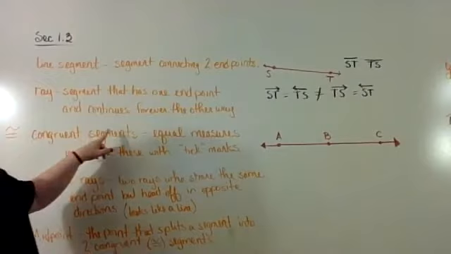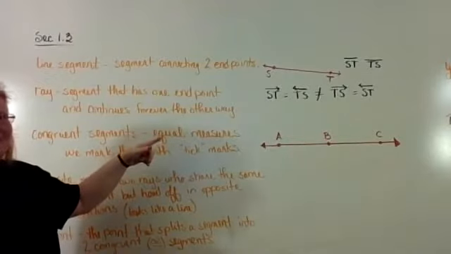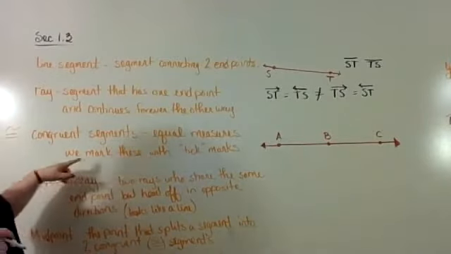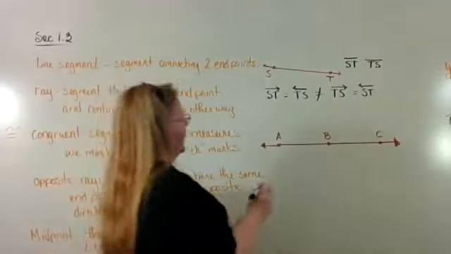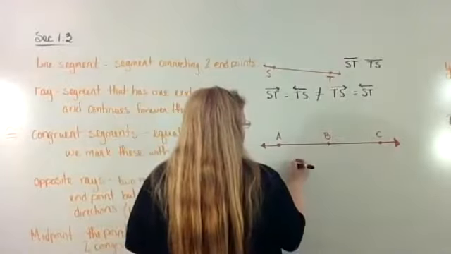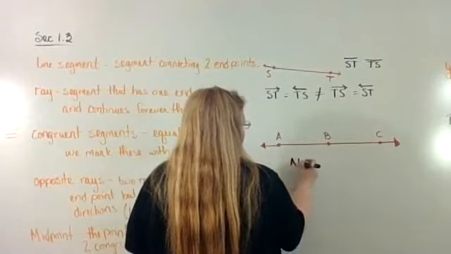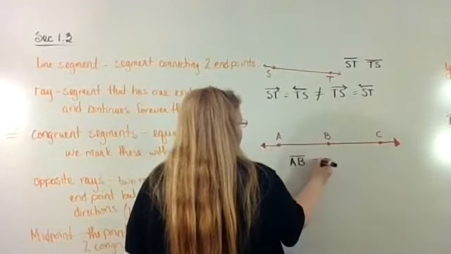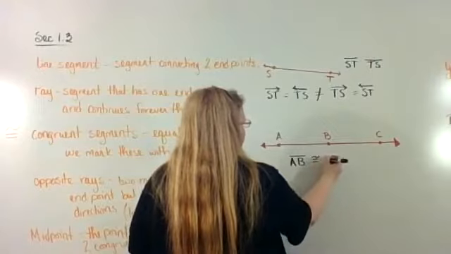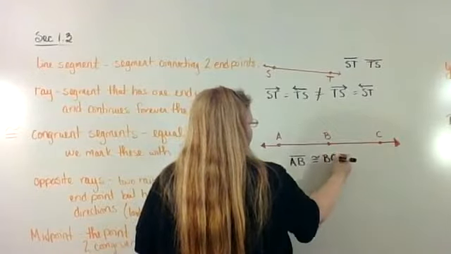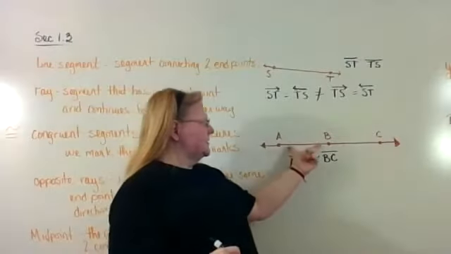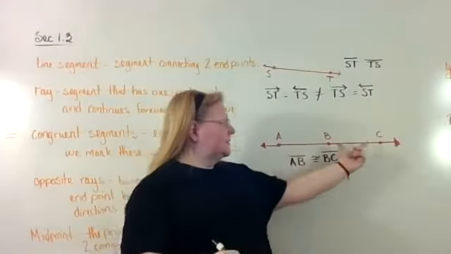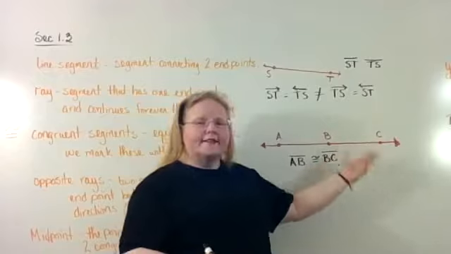So congruent segments have equal measures. That's our distance. And we mark these with tick marks. So if I wanted to say that segment AB is congruent to segment BC, that's saying that this thing and this thing are exactly the same.